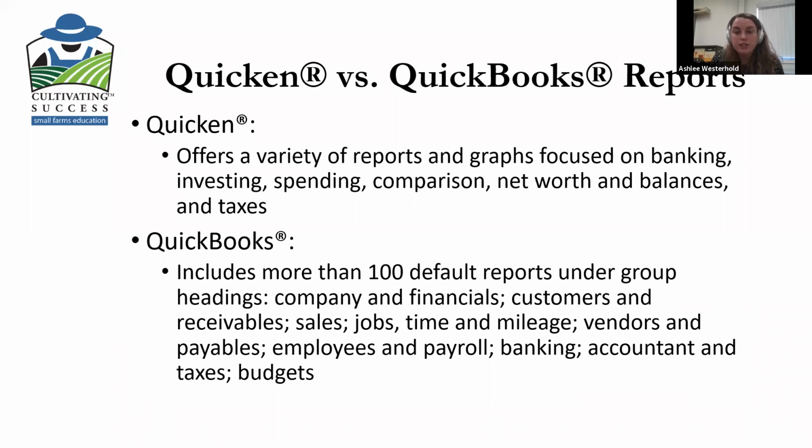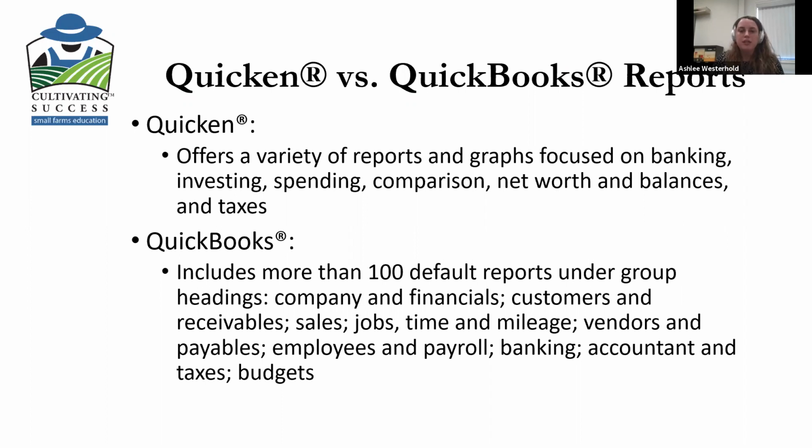So Quicken and QuickBooks both generate reports, but what are the reports that are mostly used? Quicken offers a variety of reports and graphs focused on banking, investing, spending, comparison, net worth, balances, and taxes. QuickBooks includes more than 100 default reports under group headings: company and financials, customers and receivables, sales, jobs, time, mileage, vendors and payables, employees and payroll, banking, accountant, taxes, and budgets.